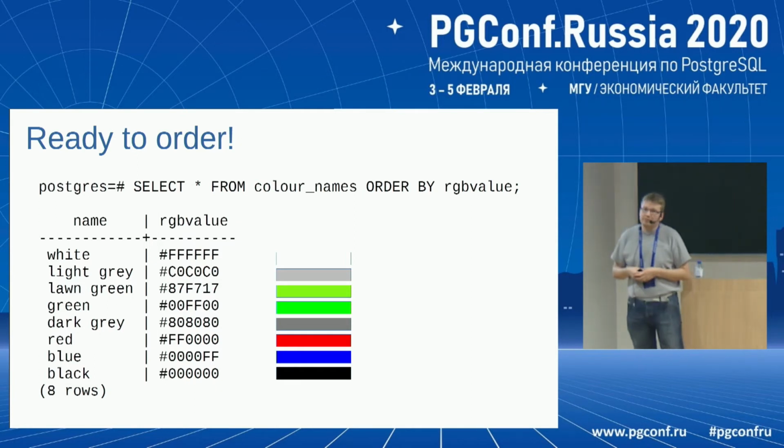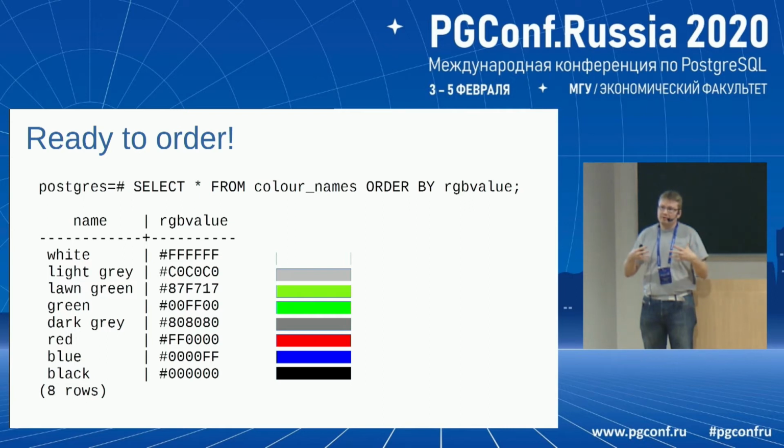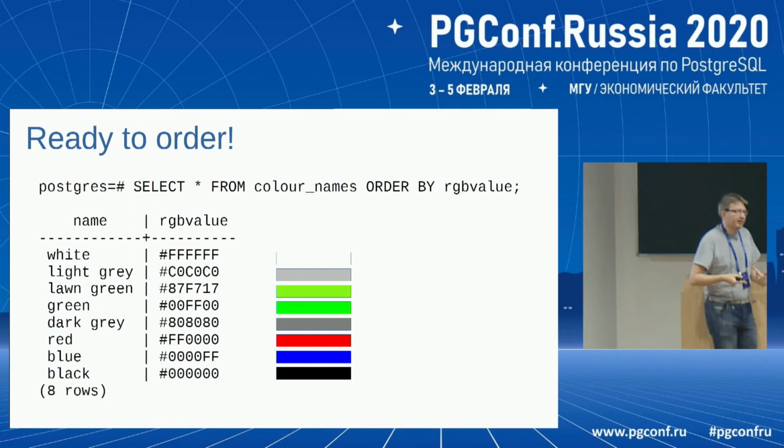For example, if you have a join and Postgres wants to do a merge join between two tables, merge join requires sorting both inputs, and it will use your operator class to do the sorting for join purposes as well.